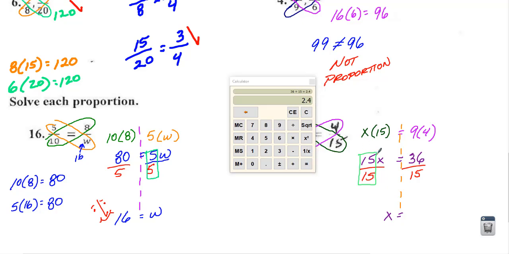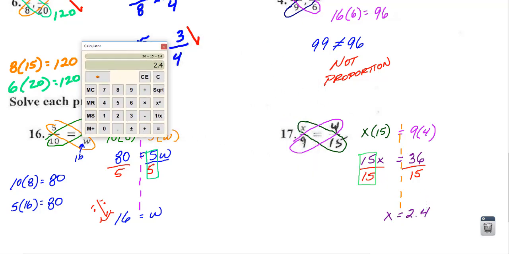So sometimes our answers are not going to be whole numbers. This is going to be 2.4 times. If I want to check my work, I can say, all right, 9 times the 4, cross products, that's 36. I'm saying x is equal to 2.4.